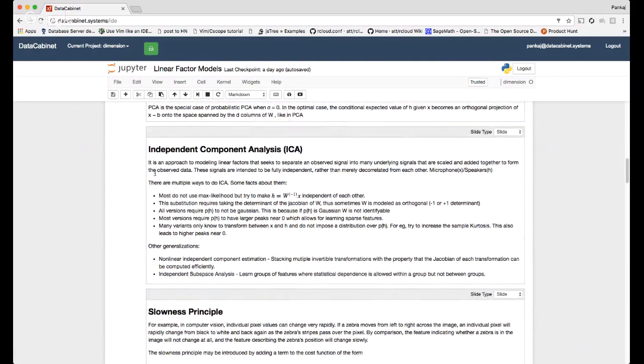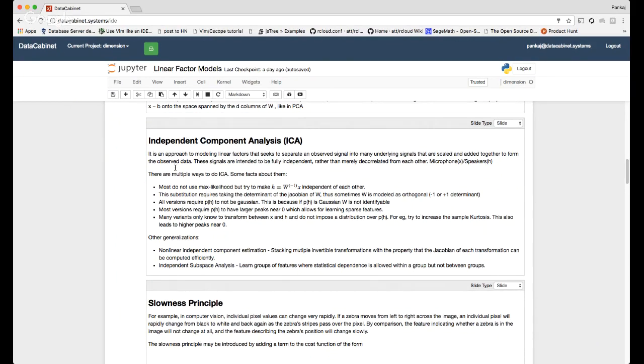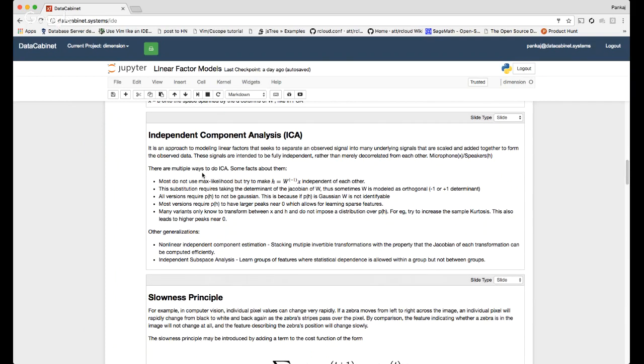A practical example that the book gives is if you are recording the output of a microphone and there are 5 speakers, then independent component analysis will try to figure out what each speaker is saying. So there are 5 H that lead to 1 X, and it will try to figure out the individual independent components of X. There are multiple ways to do ICA, but there are some commonalities and some notes that the author makes.